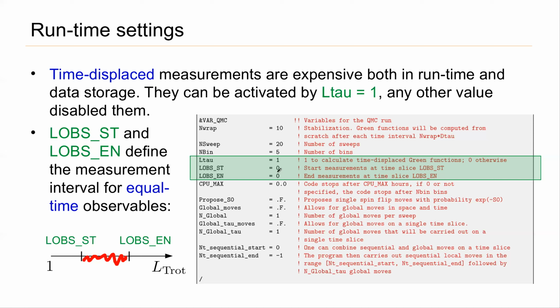One can typically stick with the default values, which means that one will measure on the whole interval. So notice that LOPS_start, LOPS_end equal to 0 does not mean that you measure only on the first time slice, but you will measure on all of them.